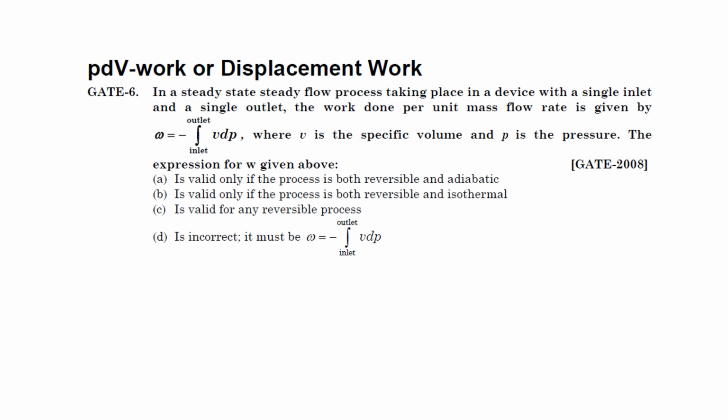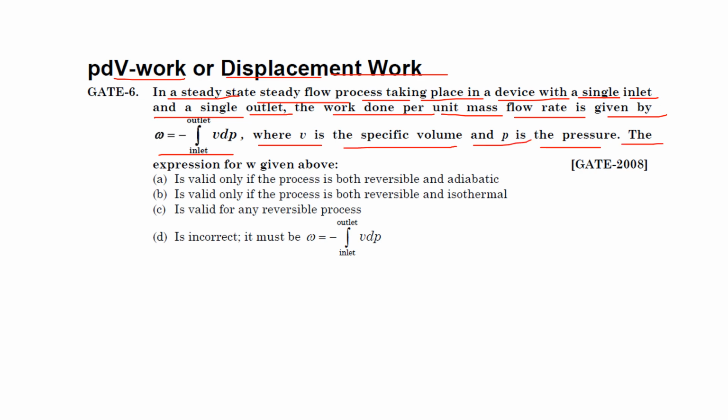Next question, PdV work or displacement work. In a steady flow process taking place in a device with a single inlet and single outlet, the work done per unit mass flow rate is given by this, where v is the specific volume and P is the pressure. The expression for W is given by. Okay, so we have to see the options.